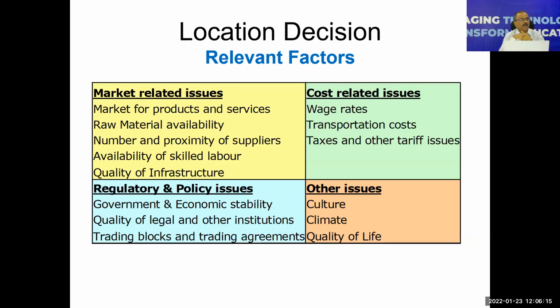So to what extent a location provides that kind of trade promotion or trade policy will also become a part of the government or regulatory policy issues as far as the location decision is concerned.